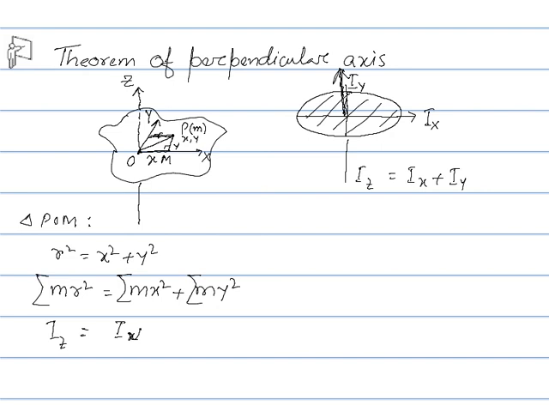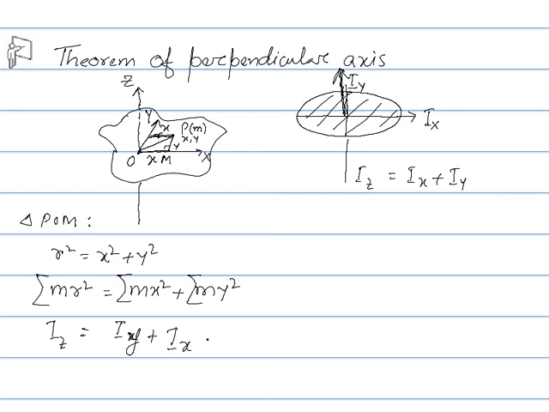So this particular term is Iy, the moment of inertia about the y axis. Similarly, y is the distance of this point mass from the x axis. So the sum of my square over all the point masses is the moment of inertia about the x axis. So this is equal to Ix.